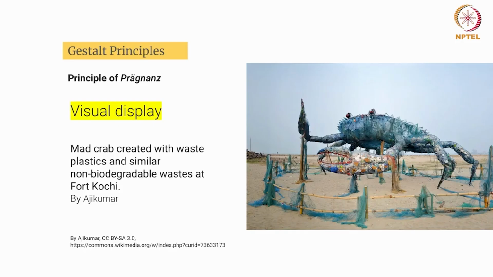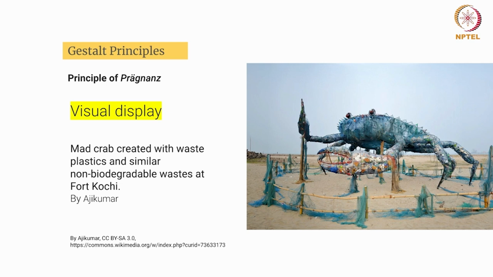Again, this is a Mad Crab, an art installation created from waste plastics and similar non-biodegradable waste at Fort Kochi, done by Ajay Kumar. You can see how your brain quickly ignores the specific plastic bottles or waste when it first observes the anatomy of the crab.